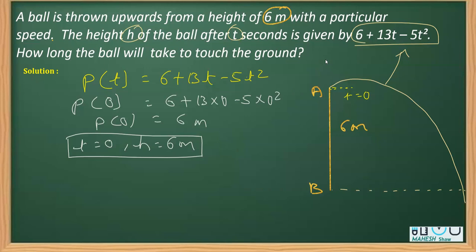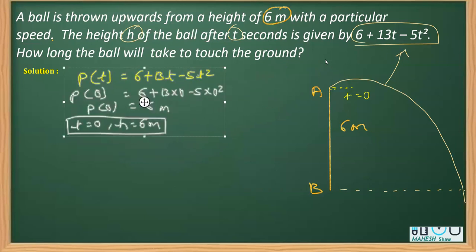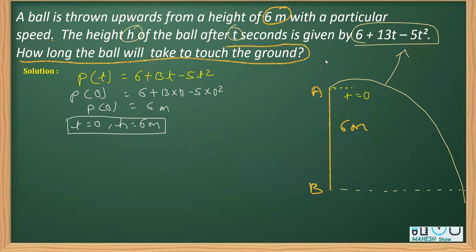And what we have to find out is the time when the height is 0, right? Why do I say height is 0? Because when you read it, it says how long the ball will take to touch the ground. Touching the ground means when the height is 0. That means we have to find the time when the height is 0.